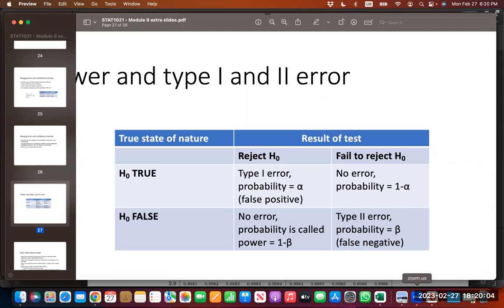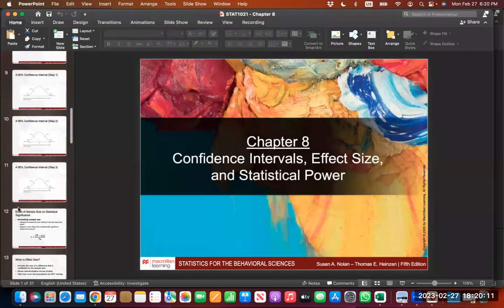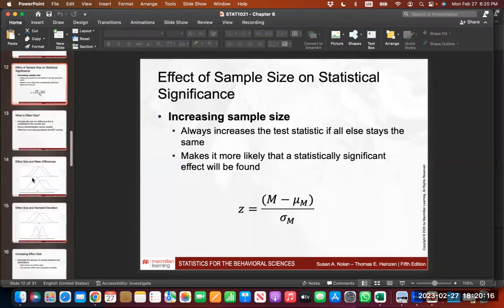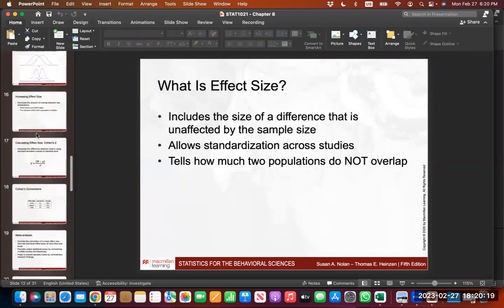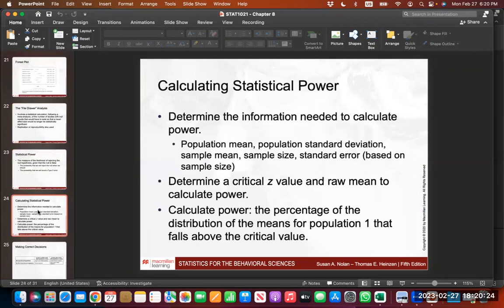What's important in this context, and that's to be emphasized here, is that statistical power can be affected. And it's basically determined by the population mean, population standard deviation, the sample mean, sample size, the resulting standard error, which is basically a function of the sample size.